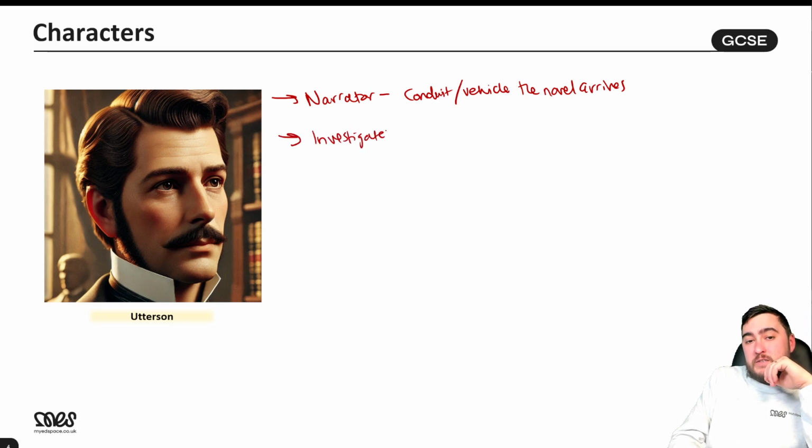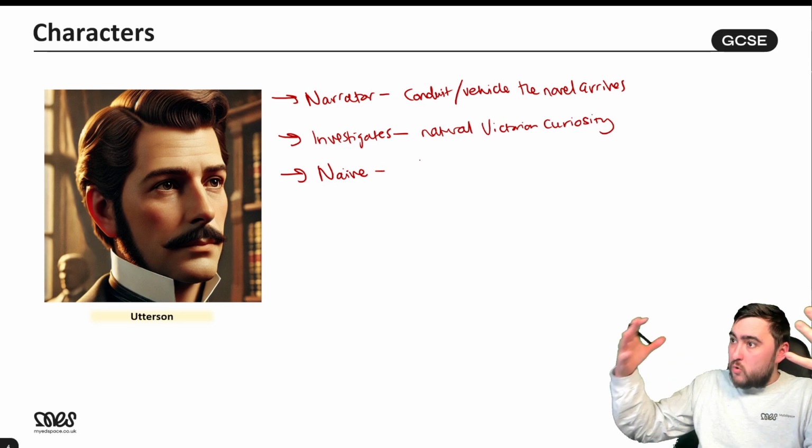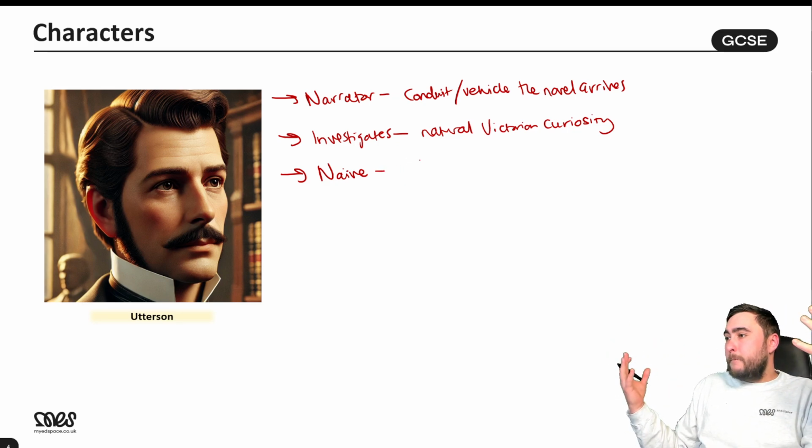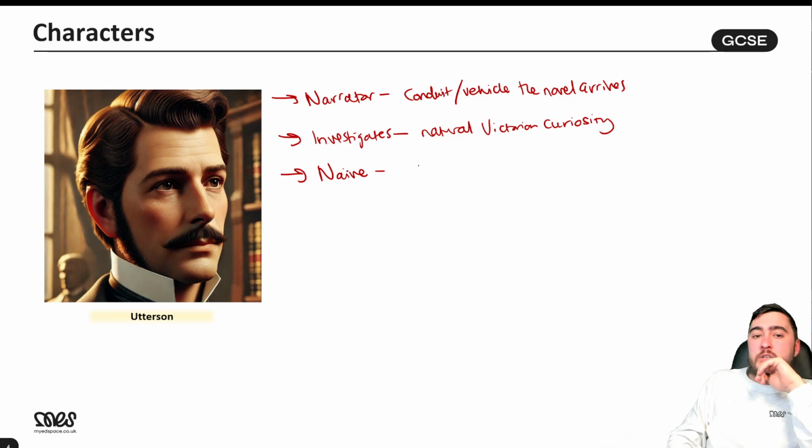He represents in some ways this natural Victorian curiosity about the world. He's a little bit naive, I think, as well. And that's probably because what he's dealing with is so much bigger than anything that he possibly could have comprehended prior to being involved in this situation. So he's a little bit naive.